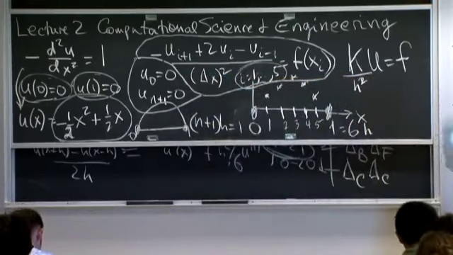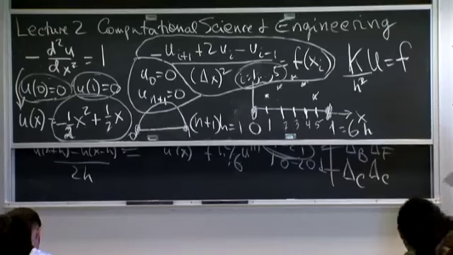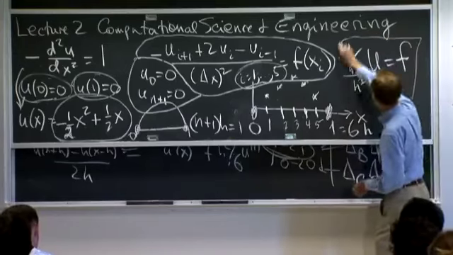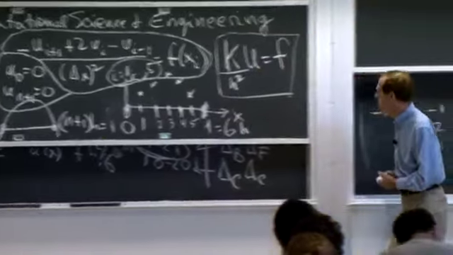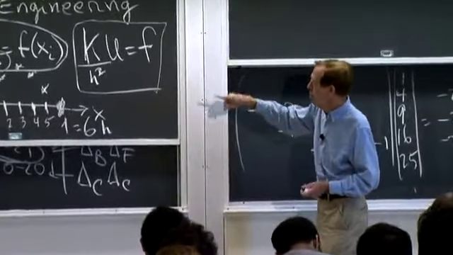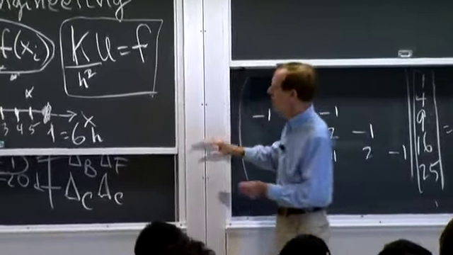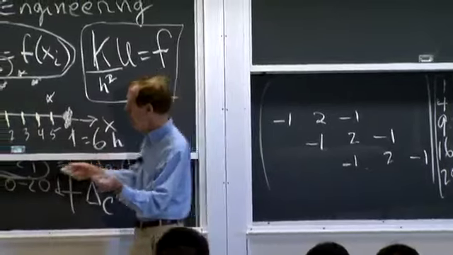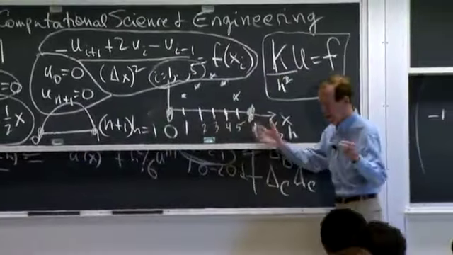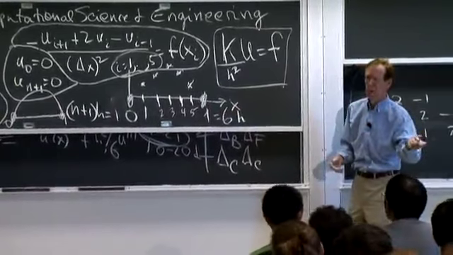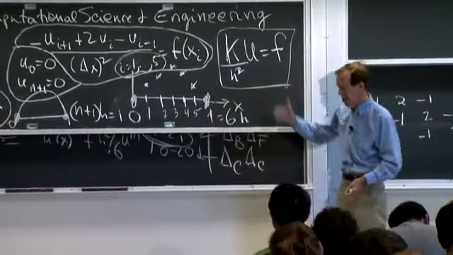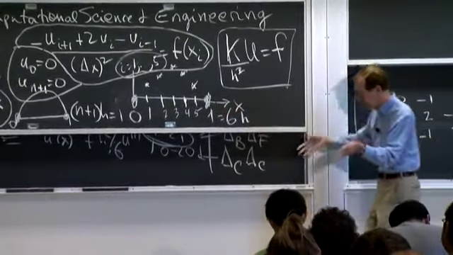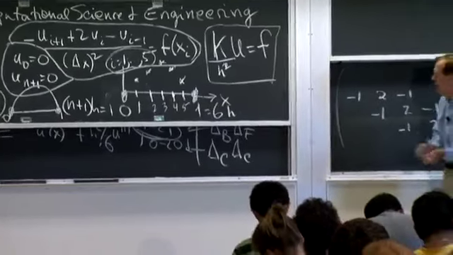So it's a closed 5 by 5 system, and it will be our matrix. That -1, 2, -1 is what sits on the matrix. When we close it with the 2 boundary conditions, it chops off the 0th column, you could say, and chops off the 6th column and leaves us with the 5 by 5 problem.